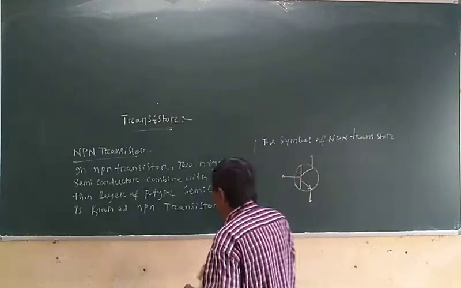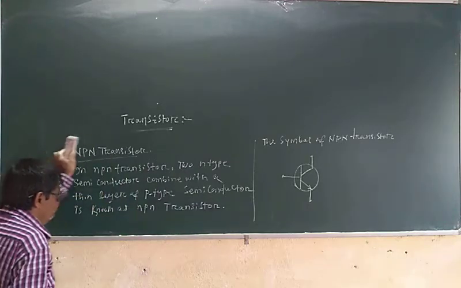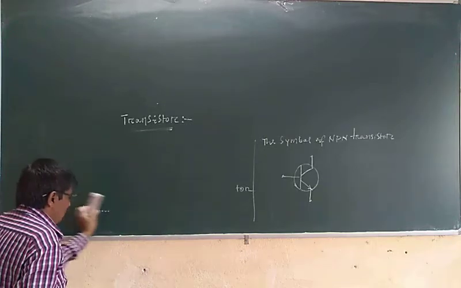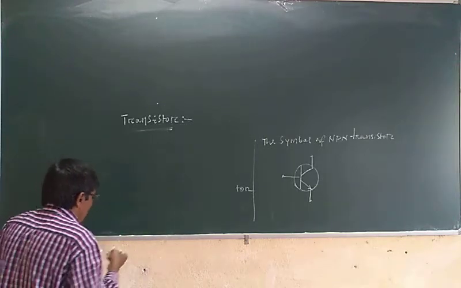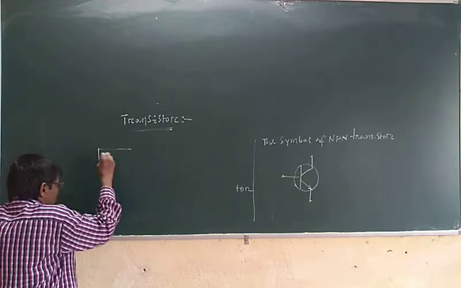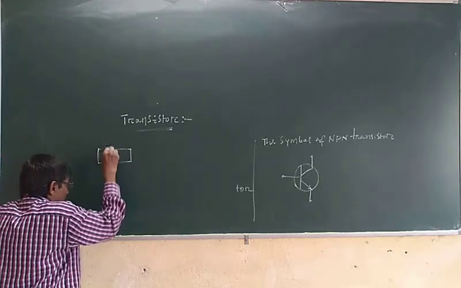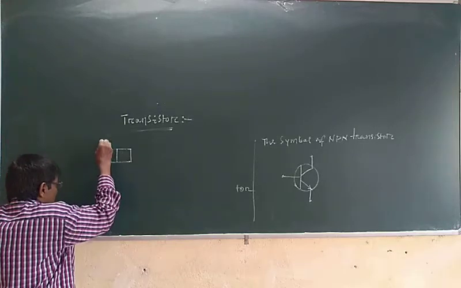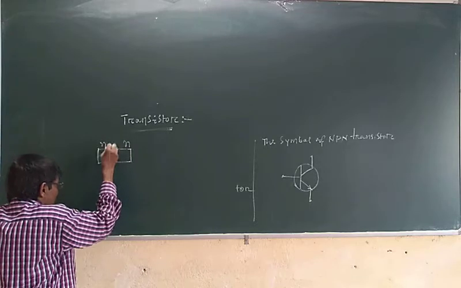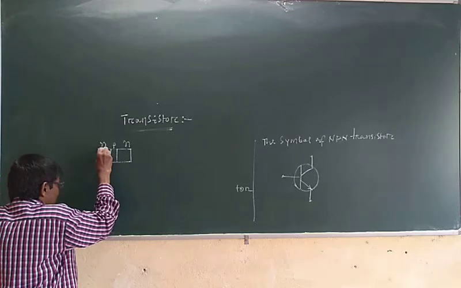Now in the physical construction, as discussed in the definition, there are two N materials and one P material. This is the N material, this is the N material, this is the P material. N means negative, that is the electrons.